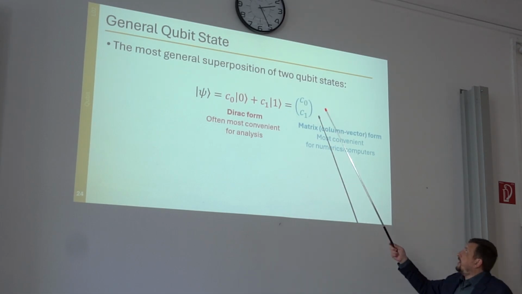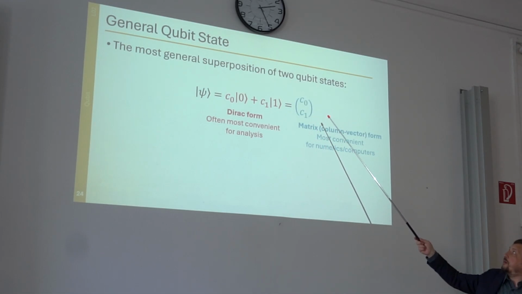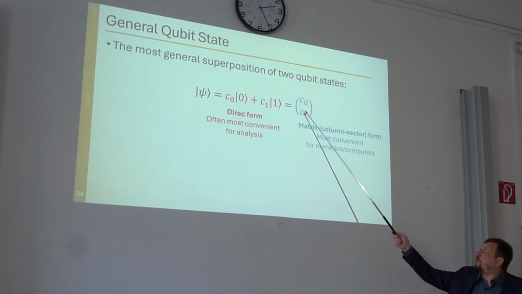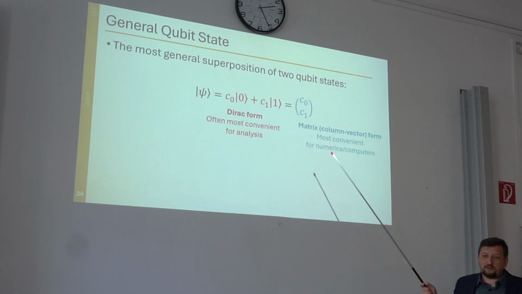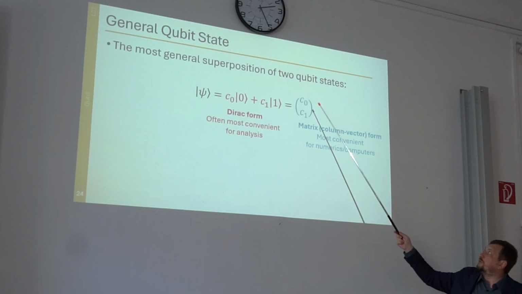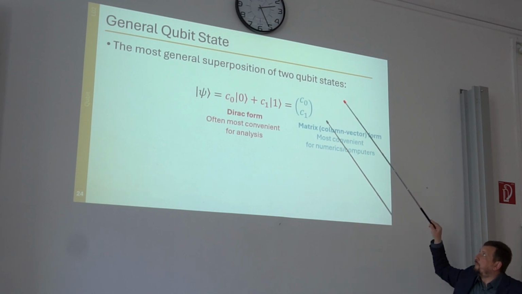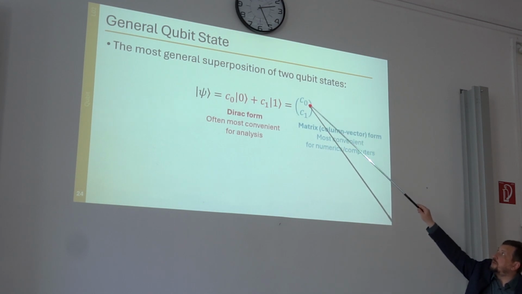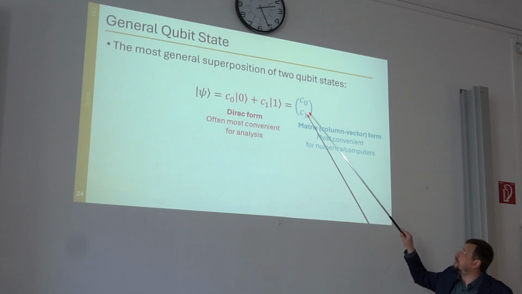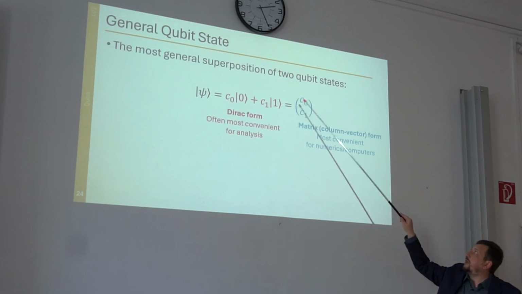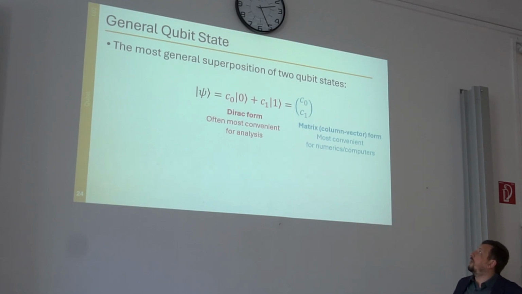So here I can represent the same vector in a matrix form, or column vector. So this is a column vector, but a column vector is part of matrix notation. So here is C0, the coefficient near 0. By convention, here is the place of 0, and here is the place of 1. So this state can be described by such vector forms.